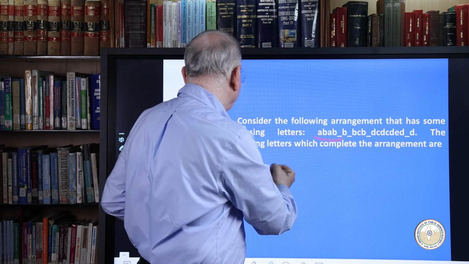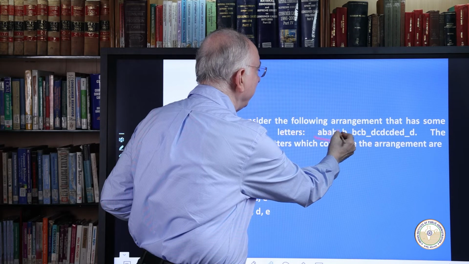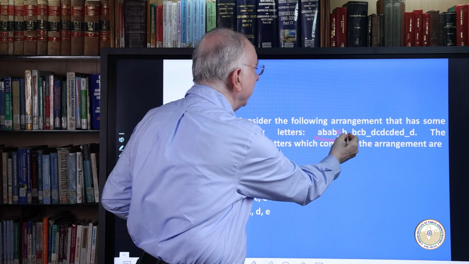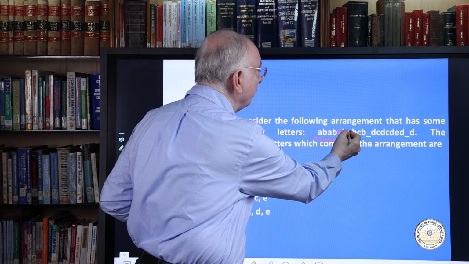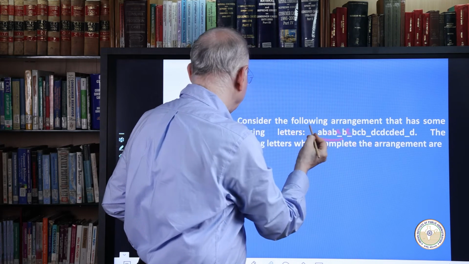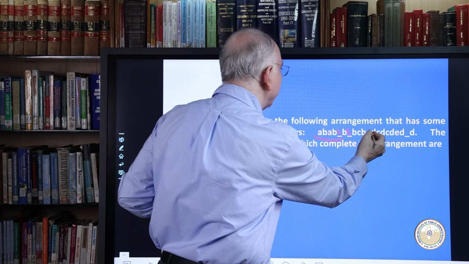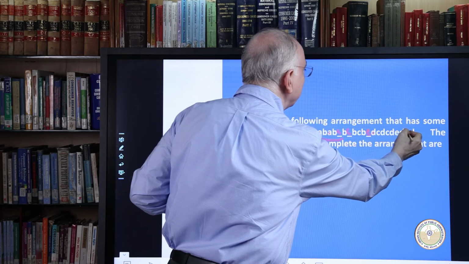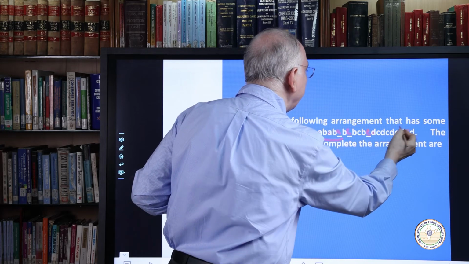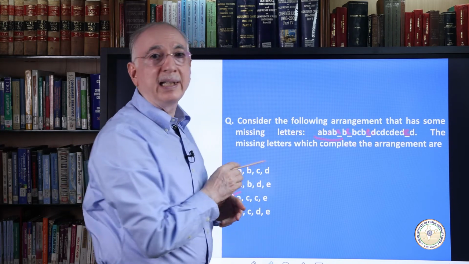So what we get is ABA, so first, third and fifth, this fifth has to be like third, so it is A. And then the next, because second and fourth have to be the same, we have to write C, then again B, C, D, so this again will be C, and in the last likewise it has to come D, E before D. Therefore option C is the right answer.